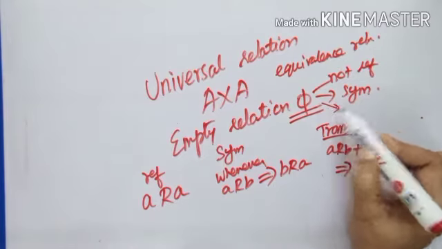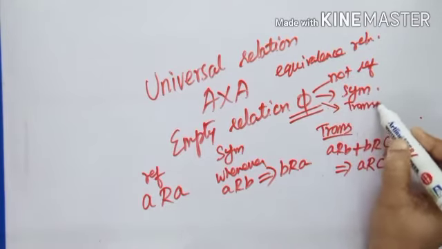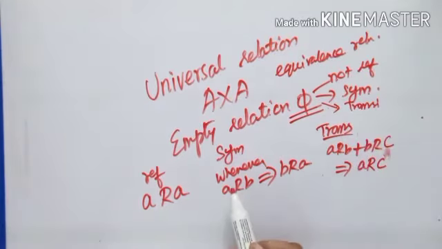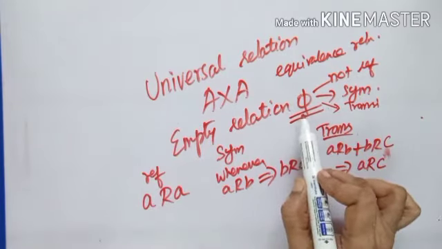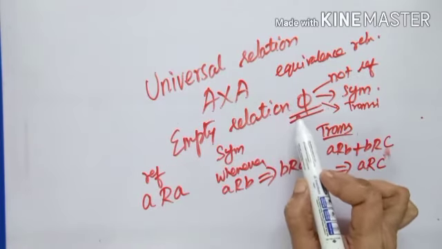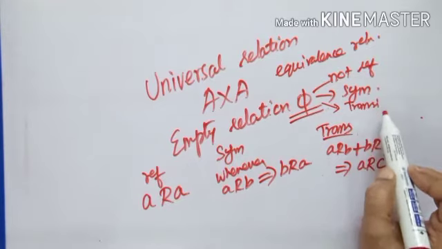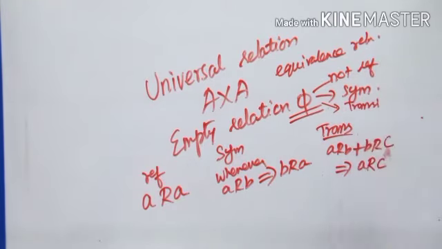So automatically I can declare this is transitive. So remember, it may come in your objective type questions. The empty relation is always symmetric and transitive but not reflexive.